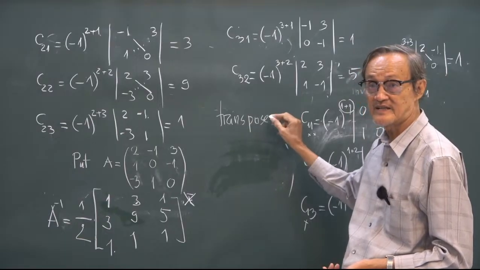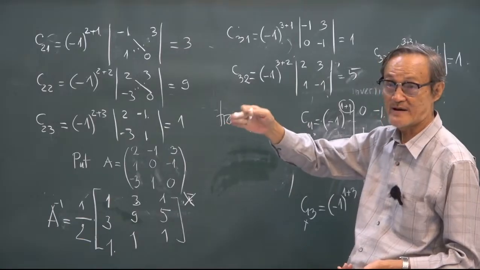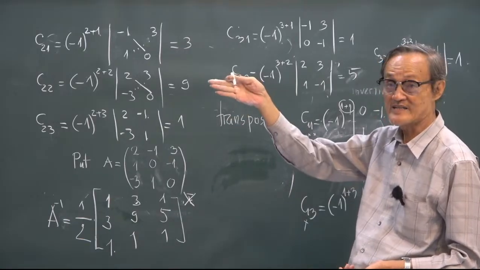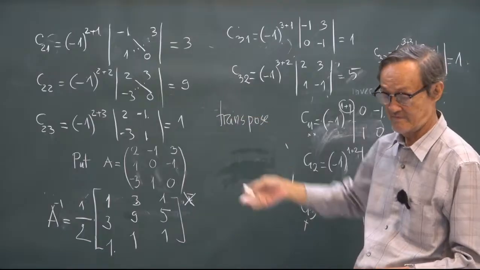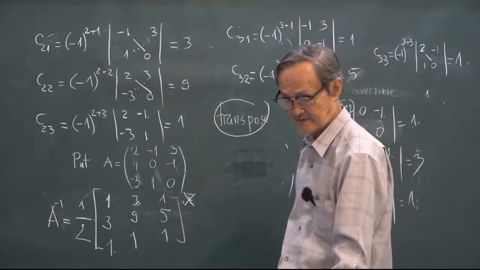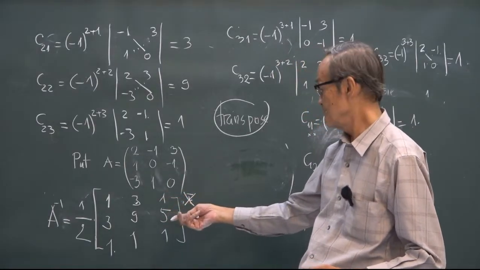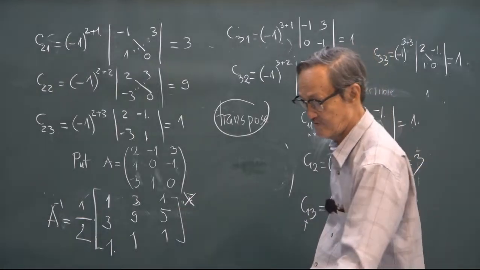Do you understand? Instead of writing row by row, we write column by column because of the transpose. And you can use your pocket calculator to check your result.